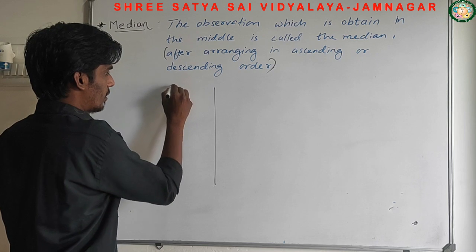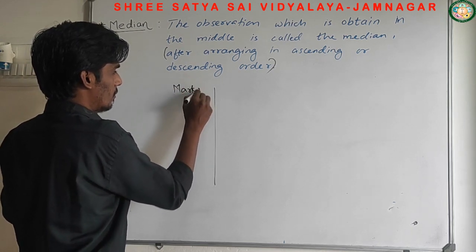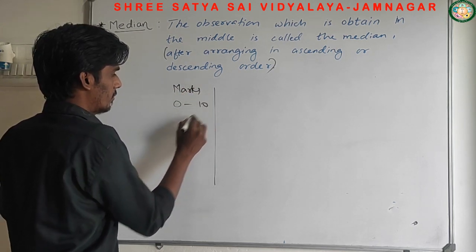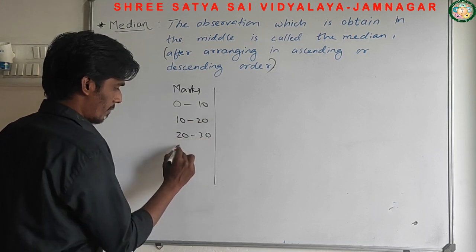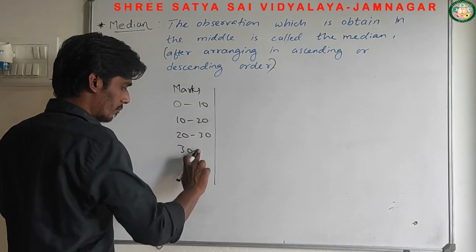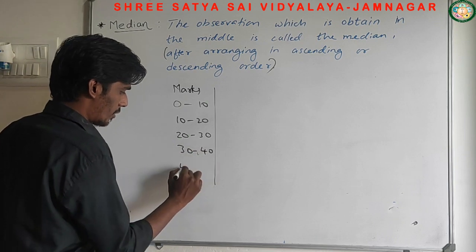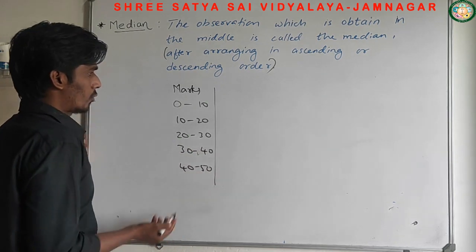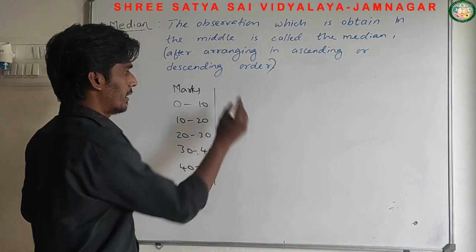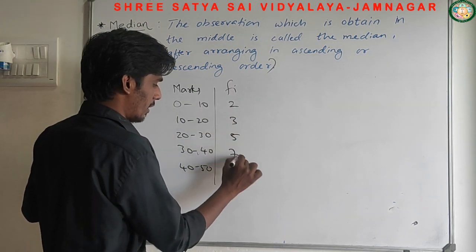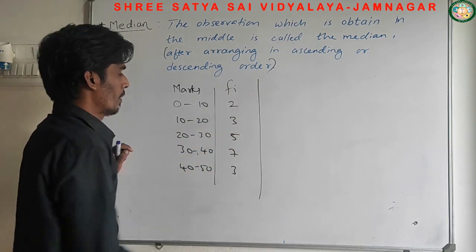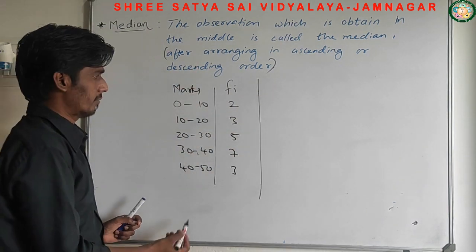Say marks: 0 to 10, 10 to 20, 20 to 30, 30 to 40, 40 to 50. So marks are from 0 to 50. Say your frequencies are 2, 3, 5, 7, 3. So this is the grouped data.